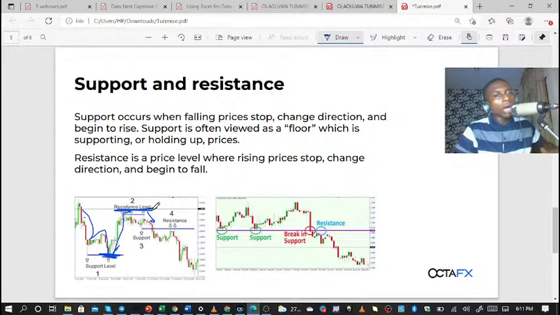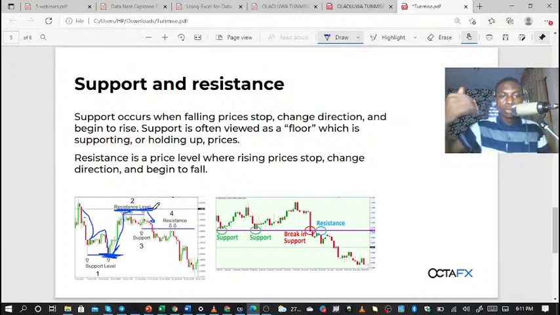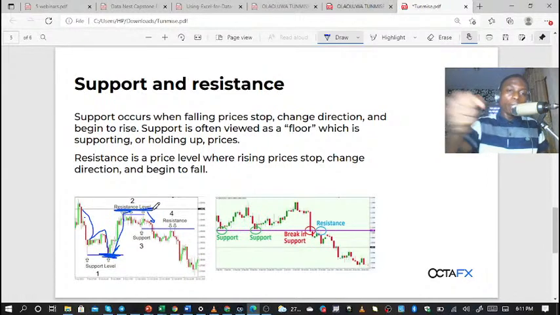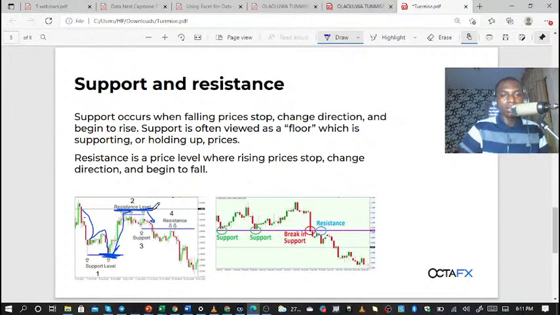So imagine you are behind a door, right, or you are in the room and I'm outside the room. I want to force the door open on you, and you are pushing, you are resisting me. That's what is happening at that resistance level. It is that level where price gets to and is being resisted.